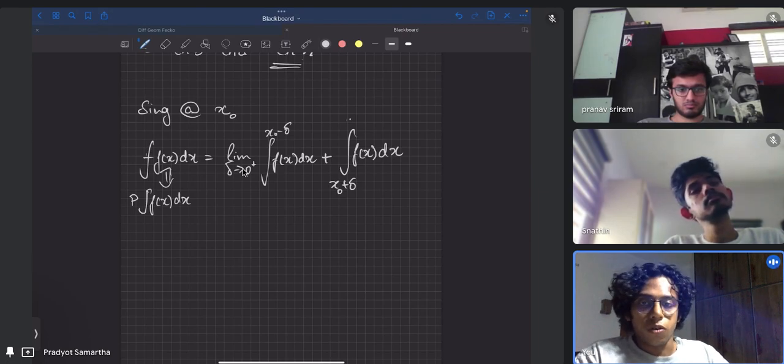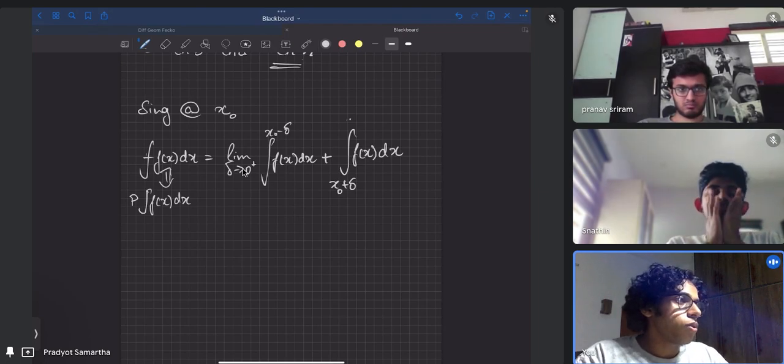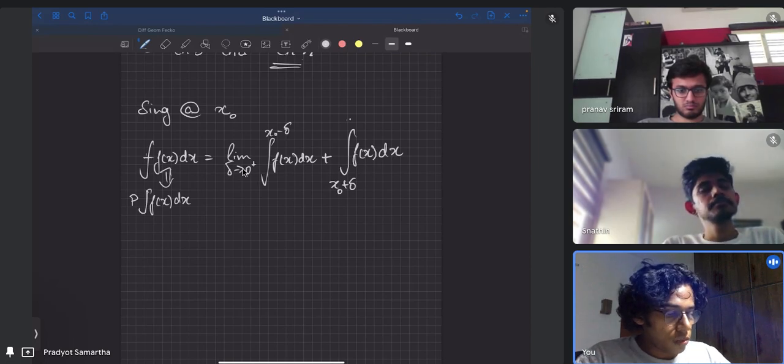Obviously the upper and lower bounds can go to plus and minus infinity. It can be anything, right? This is called the Cauchy principal value.